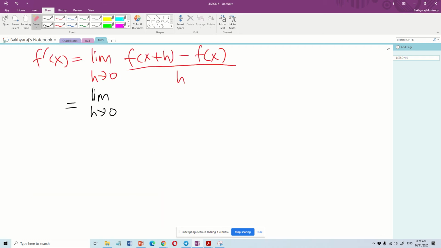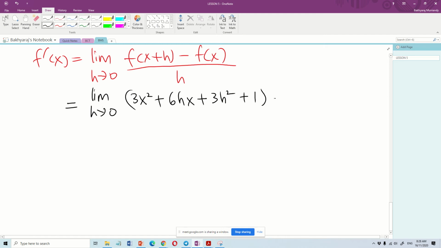Okay, it's supposed to be 3x square plus 6hx plus 3h square plus 1, minus 3x square, divided by, correct, plus 1 divided by h. Okay, very good.